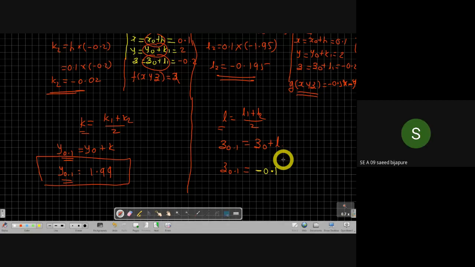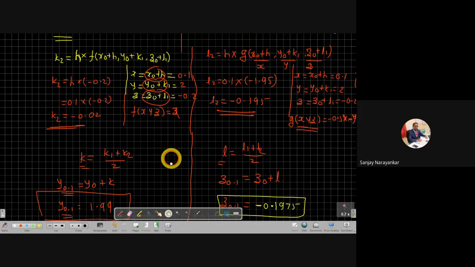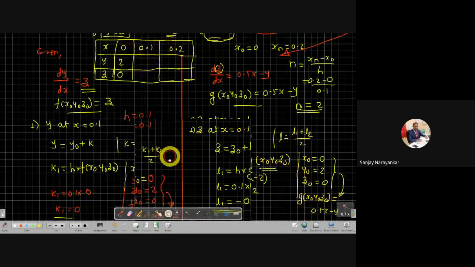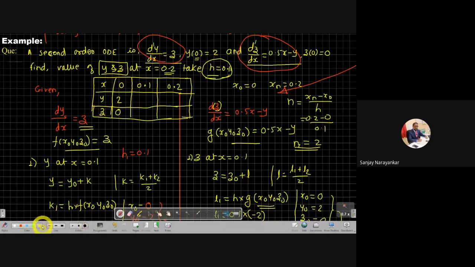Minus 0.1975. So you got this value. So ultimately what you got is a new value of zeros. So what I'll do, I'll write here: y is 1.99 and z is minus 0.197. So the first part is done.